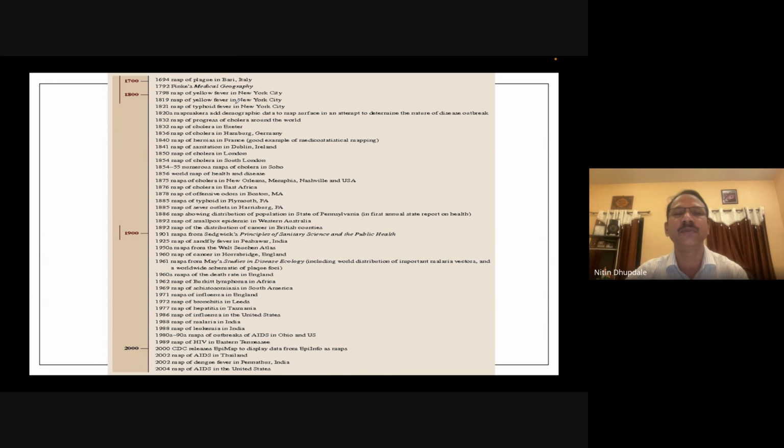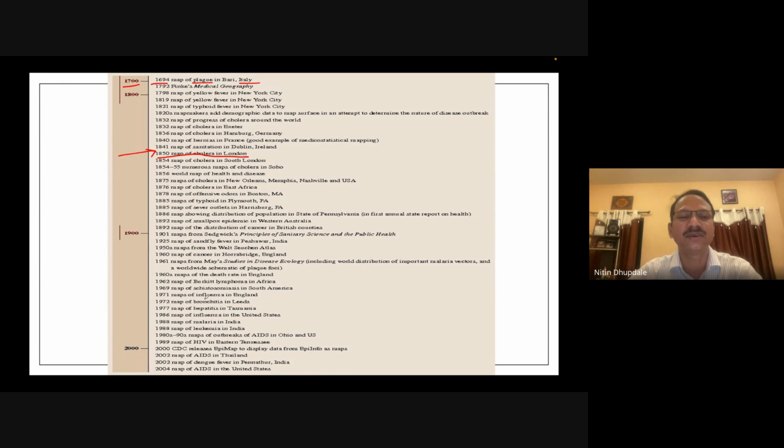So maps have been used in public health for a long time. In the 1700s, and in 1694, a map was made in Italy with regards to a plague outbreak. Here comes John Snow, a map of cholera in London, 1850.